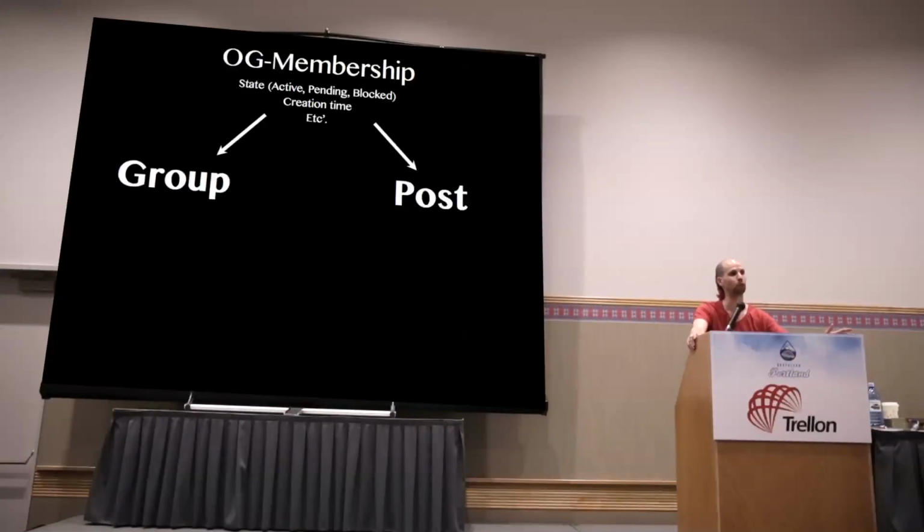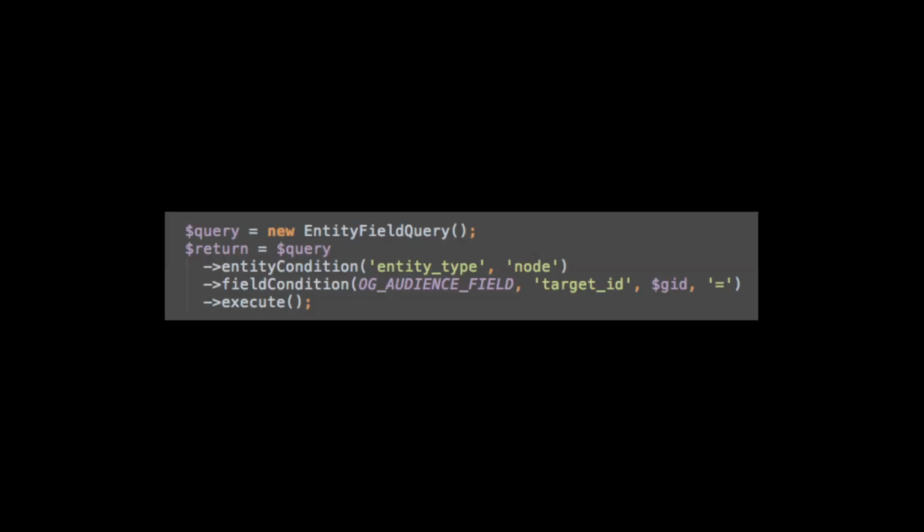We also want to know when was it created, what is the state, active or pending, and we can add different fields to it. So even though we don't have that information in the field storage, we can still have such a query saying, bring me all the nodes which are referencing through a group audience field a specific group. And through some black magic and voodoo, it will actually work.